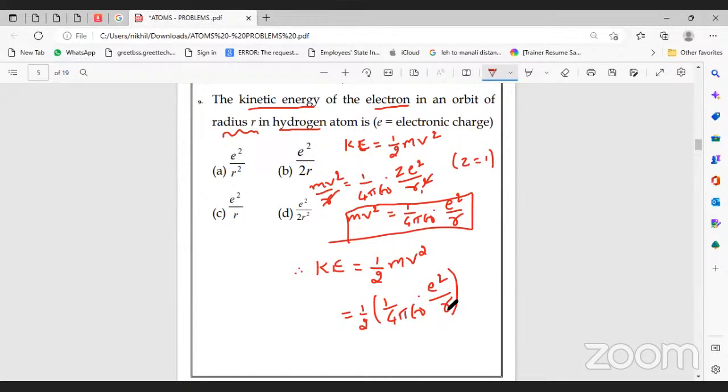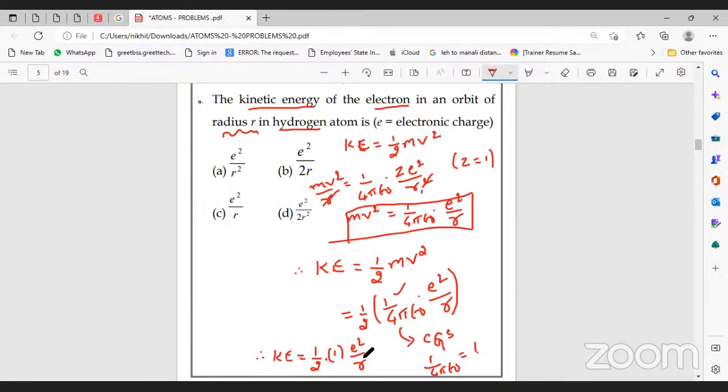But I will look at the options. In the options, we don't have 1 by 4 pi epsilon naught. Maybe they are talking about the CGS system, because in the CGS system, the value of 1 by 4 pi epsilon naught is 1. So kinetic energy will become half times this, with 1 by 4 pi epsilon naught value as 1, into e squared by r.